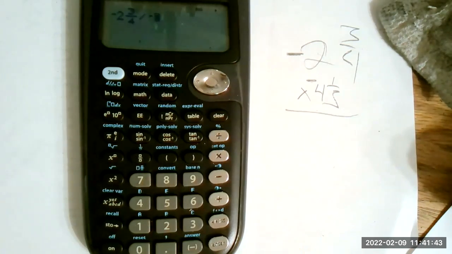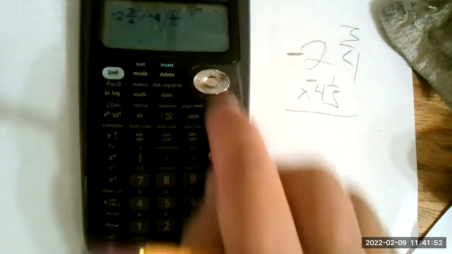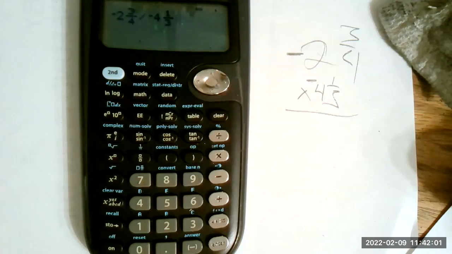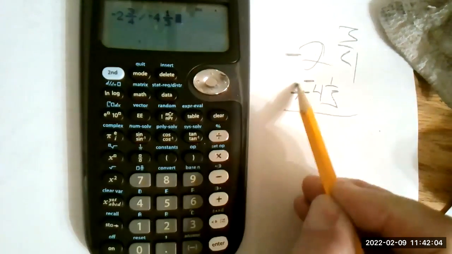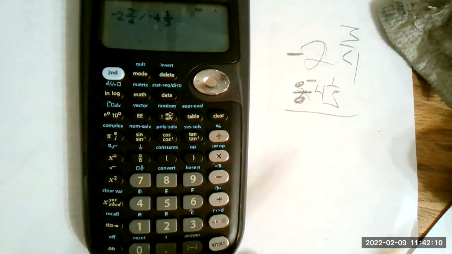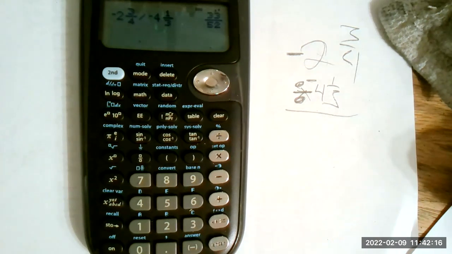Negative, second 7 fraction, 4 and 1, 3, arrow. So that's -2 3/4, this time divided by -4 1/3. Then I hit enter down here, boom. It gave me my answer of, what is that, 33/52? Whatever, it's an ugly problem, but we don't have to worry about it. We just let the calculator deal with ugliness now.